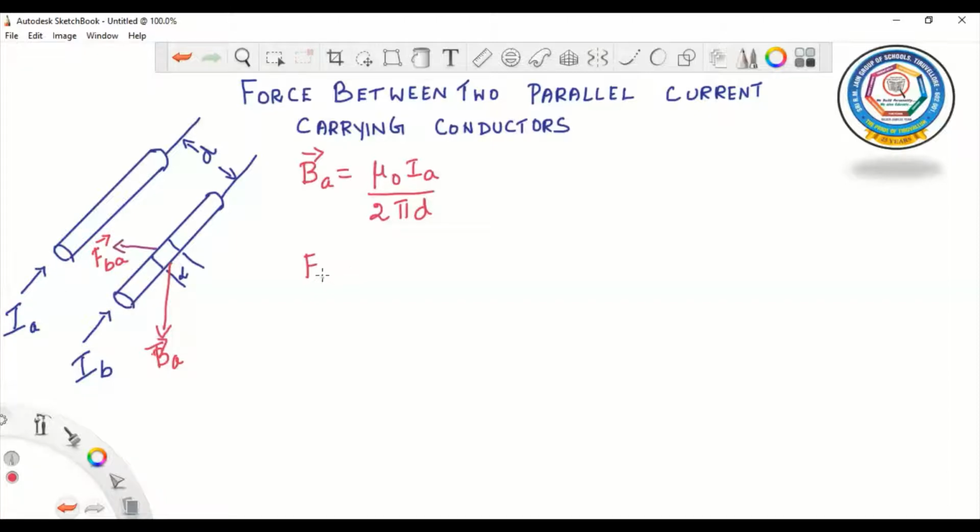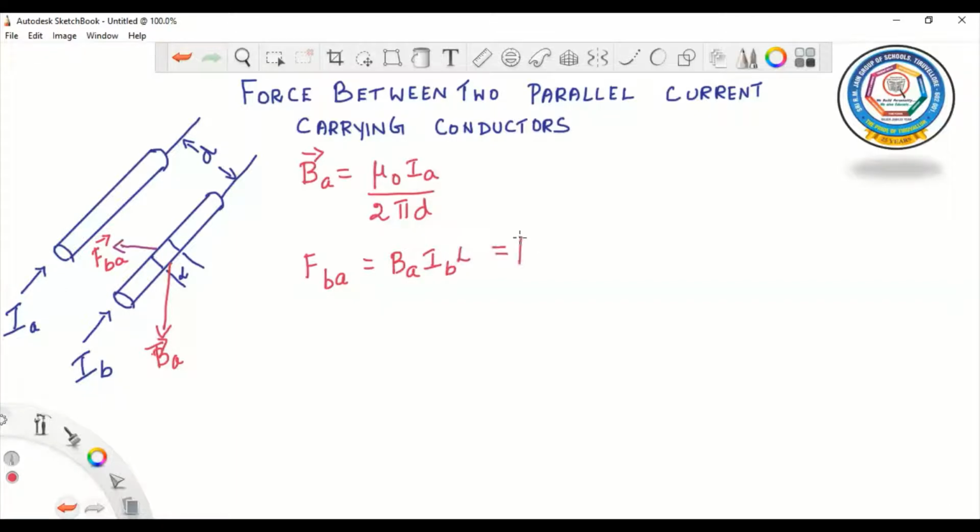Let us write FBA, which is nothing but the force experienced by the second conductor due to the magnetic field BA. FBA is equal to BA IB into L. What is L? L is the length of the conductor.